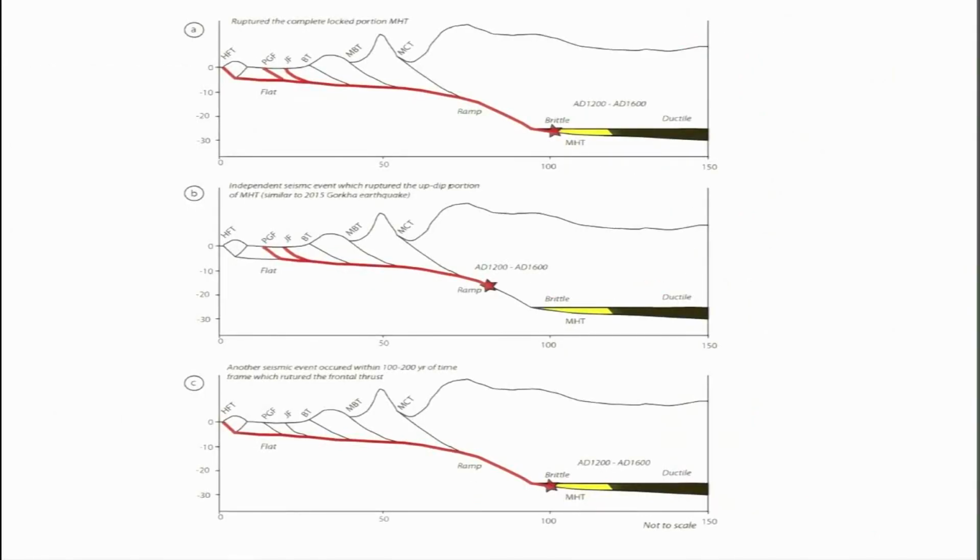So these are the scenarios which we have suggested. It is quite possible that in scenario 1, there was a deformation or an earthquake which occurred close to the brittle ductile boundary along the ramp and ruptured right up to the surface. The displacement was consumed by the Pinjore Garden and Jajra fault.